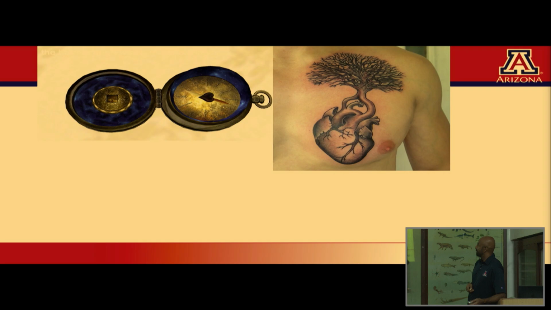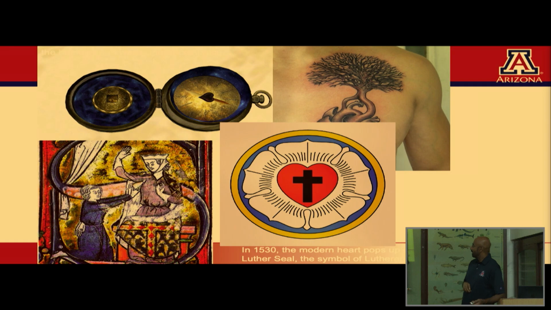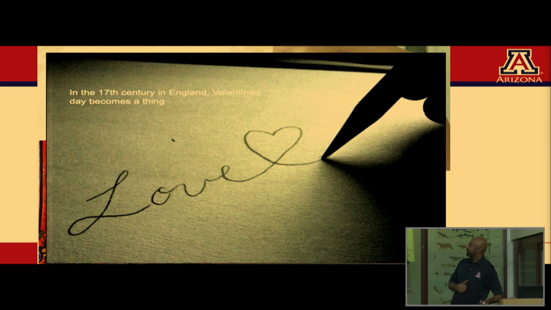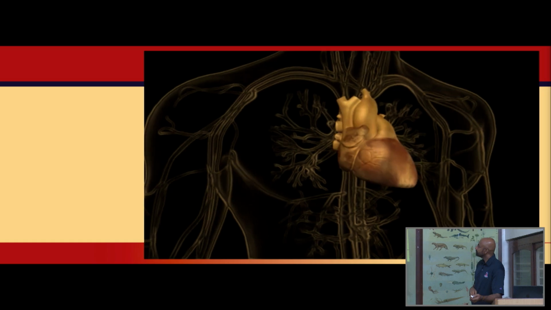That's another belief. And it's symbolic of religion. This is in 1530, a Lutheranism symbol. They introduced the heart. And then in the 17th century, it became a symbol of love. So you can see how the heart can be related to our emotion, feelings, and also character. So it's a very important organ to study anyway.